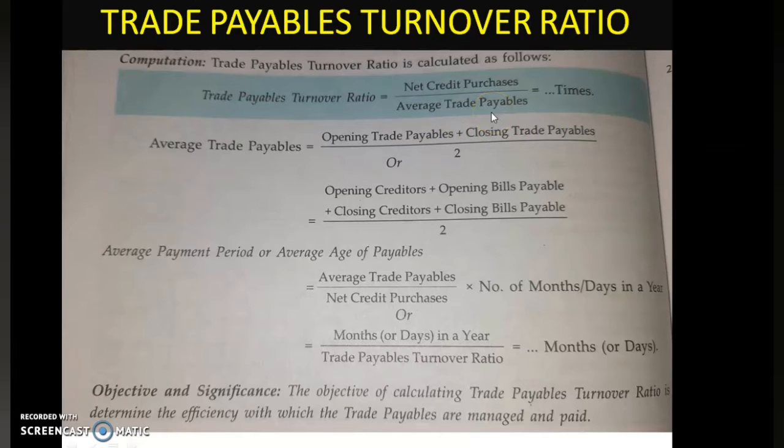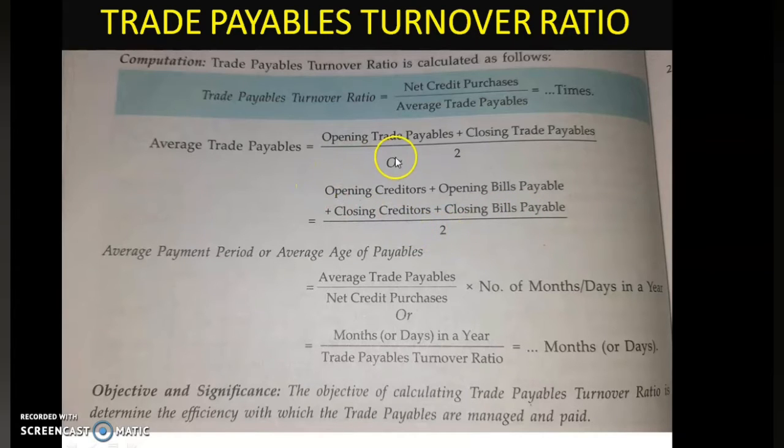There are two items which come under trade payables. They are creditors and bills payable. So, this is one formula to calculate average trade payables. The other one is opening creditors plus opening bills payable plus closing creditors plus closing bills payable divided by 2.